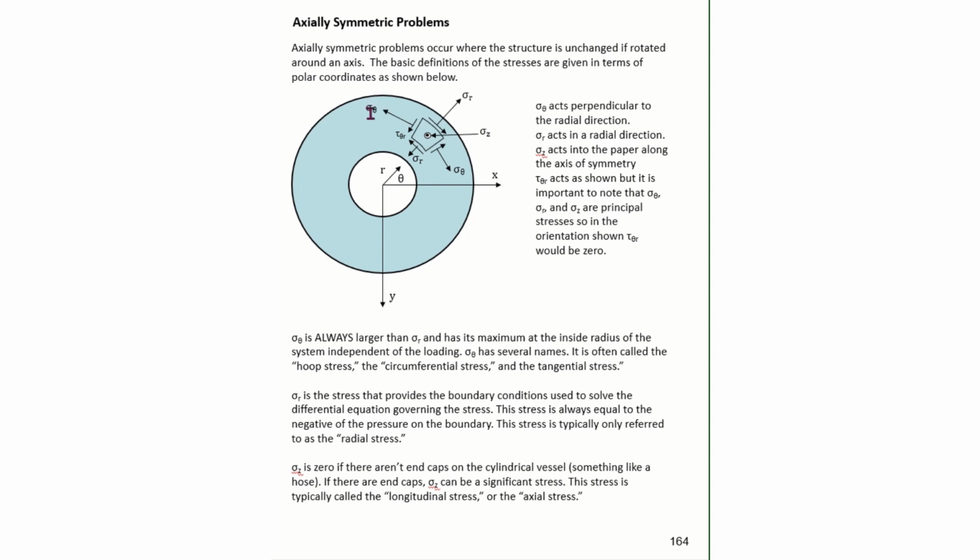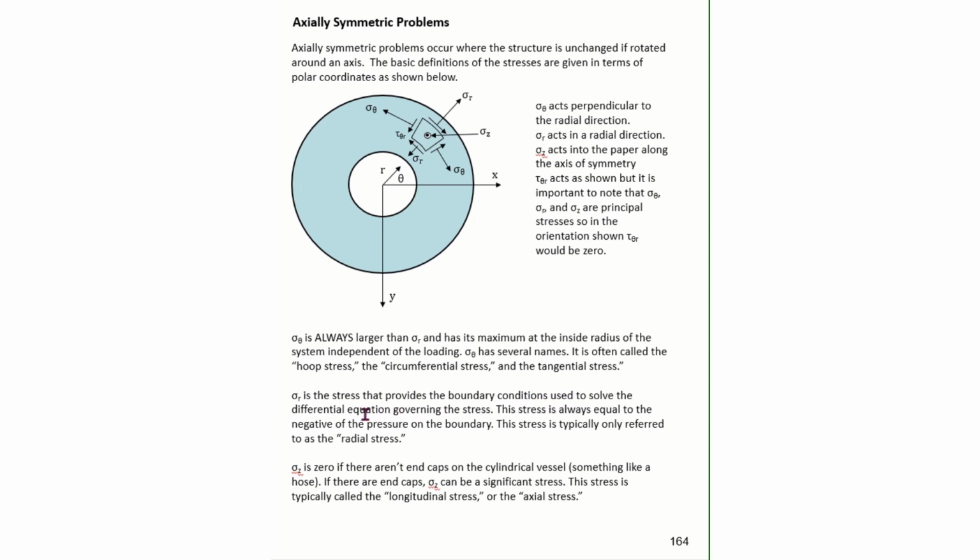Again, sigma theta, the hoop stress, the circumferential stress, and the tangential stress. The radial stress is only known as the radial stress. The sigma z is known as the longitudinal or axial stress.